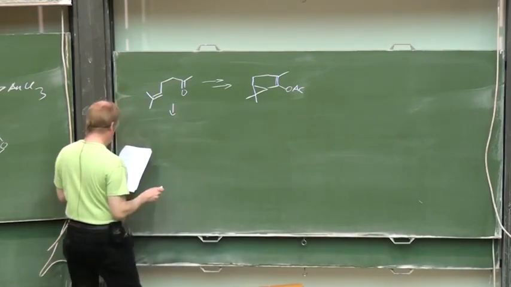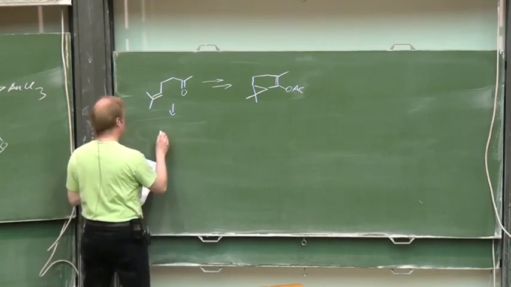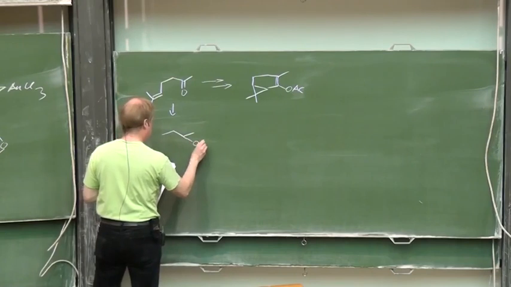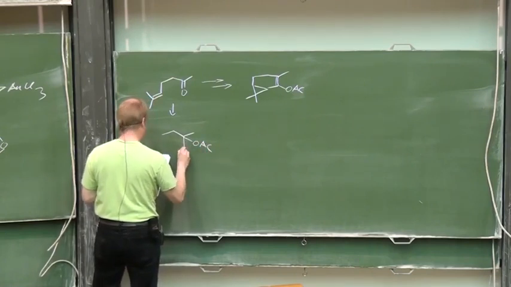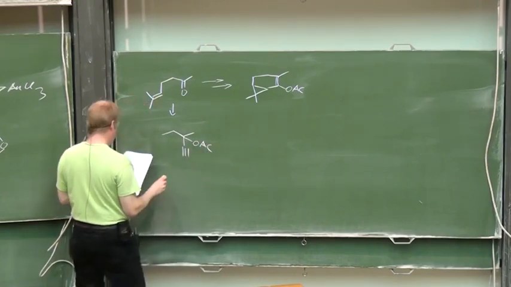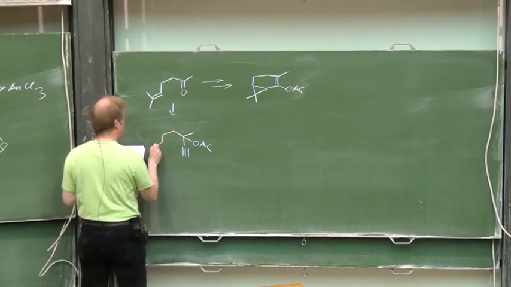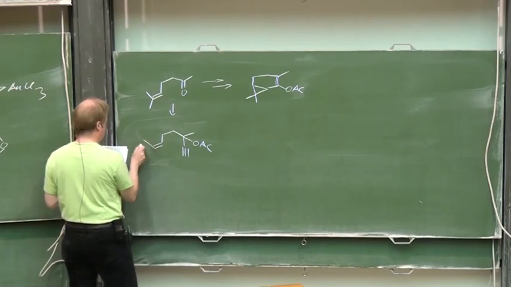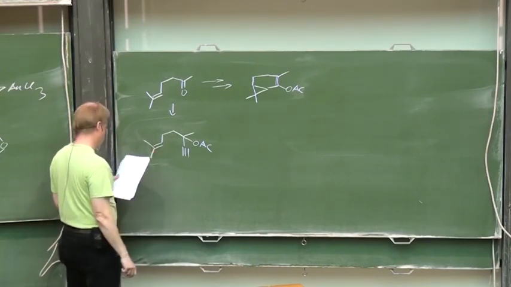Well, how did they do it? Well, of course, they had to introduce an acetylenic moiety, acetylide nucleophile reaction with the carbonyl, and with acetic anhydride, the alcoholate is trapped.